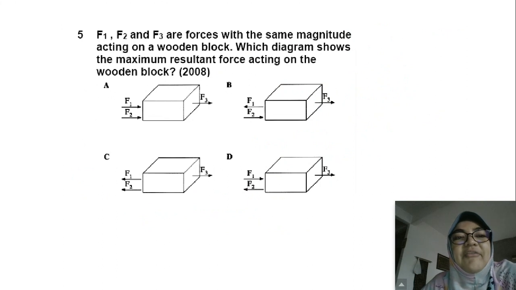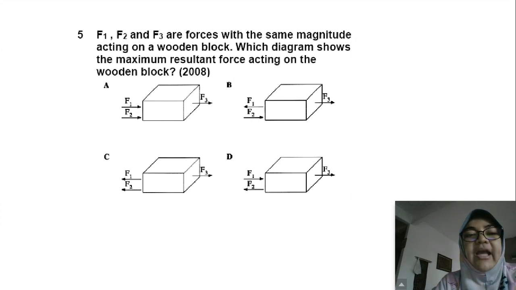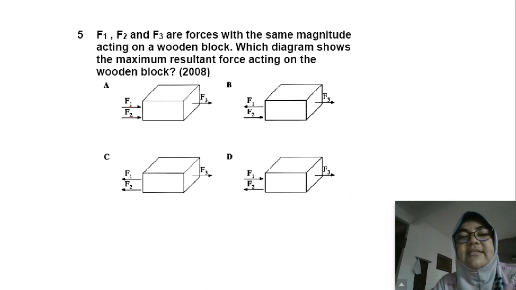Okay, number 5. F1, F2, and F3 are forces with the same magnitude acting on a wooden block. Which diagram shows the maximum resultant force acting on the wooden block? Okay, so which force produces the biggest total force? Okay, resultant force. So we have 1, 2, 3 forces in the same direction. So 3F.